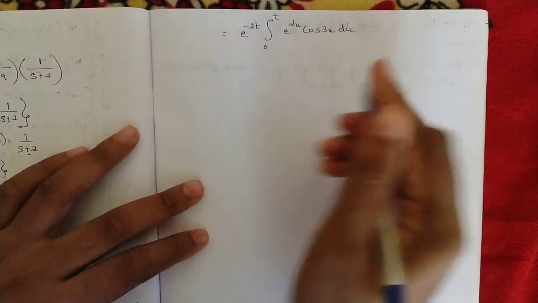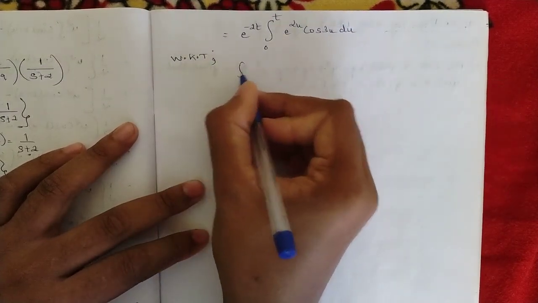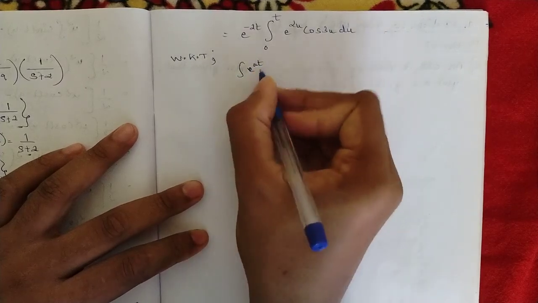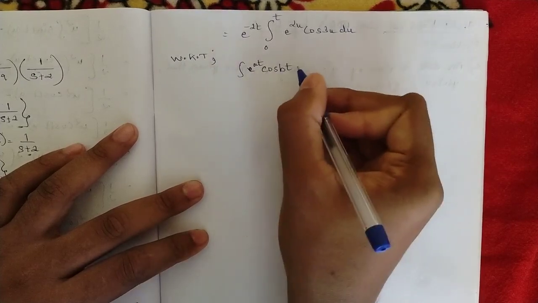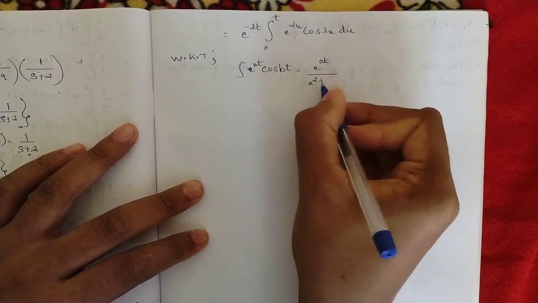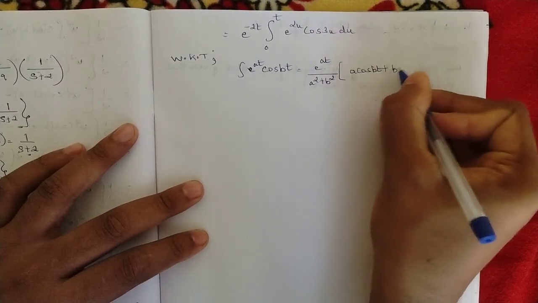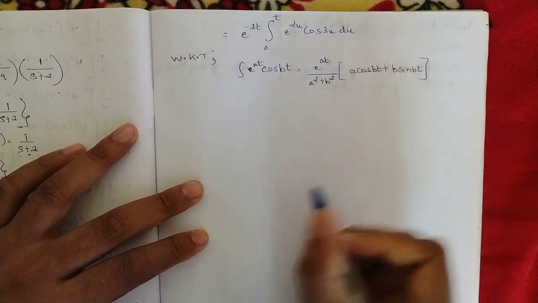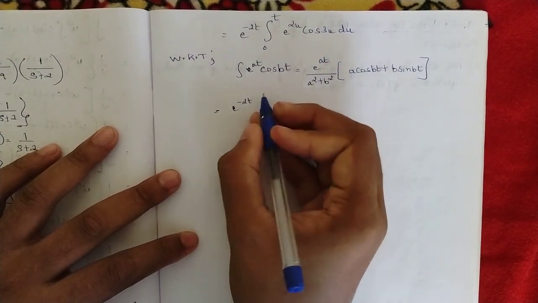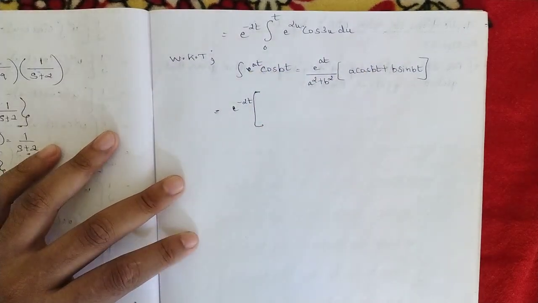Okay. So if you observe here, this is of the form, we have one formula for this kind of integration, that is integration e to the power at cos bt is given by e to the power at divided by a square plus b square into a cos bt plus b sin bt, right? So according to this, now take its integration. So this would be now e to the power minus 2t into, in place of a what we are having, 2u.